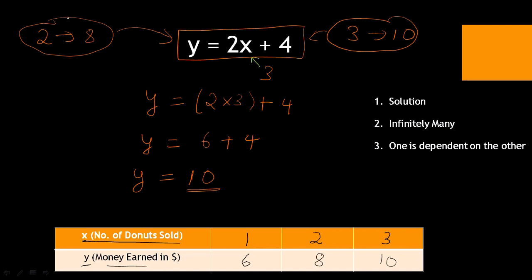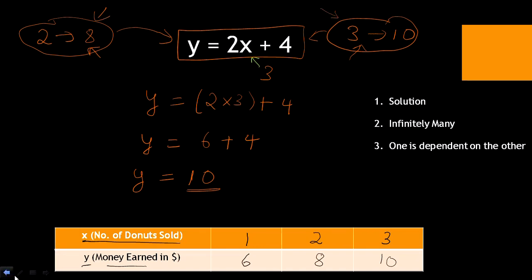Well, these 2 situations, selling 2 donuts and earning $8 or selling 3 donuts and earning $10, they satisfy the condition given in this equation right here. Even this holds true for this equation, and even this holds true, right? If I plug the value 2 in instead of x and the value 8 instead of y, the equality will be true, right? 8 will be equal to 2 times 2 plus 4, right? You've just seen that. So these 2 are essentially solutions to this equation.